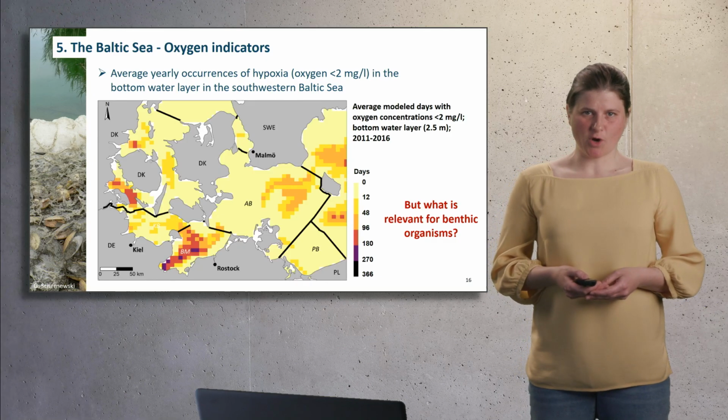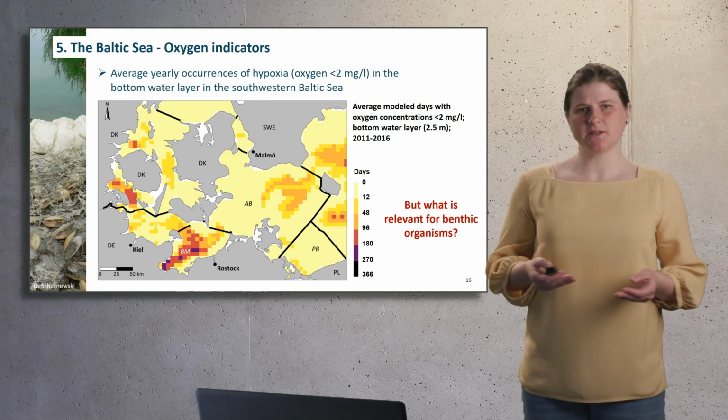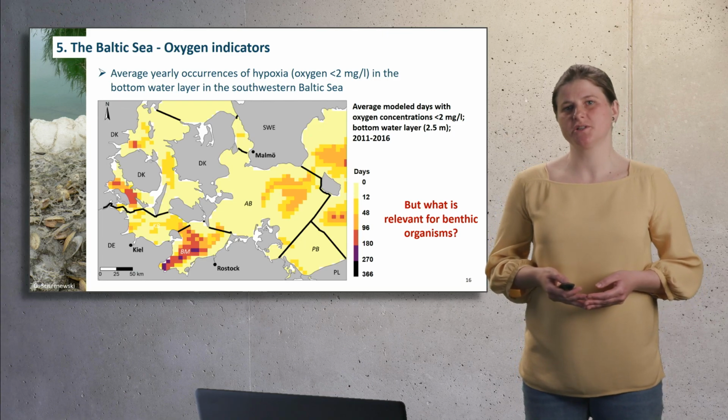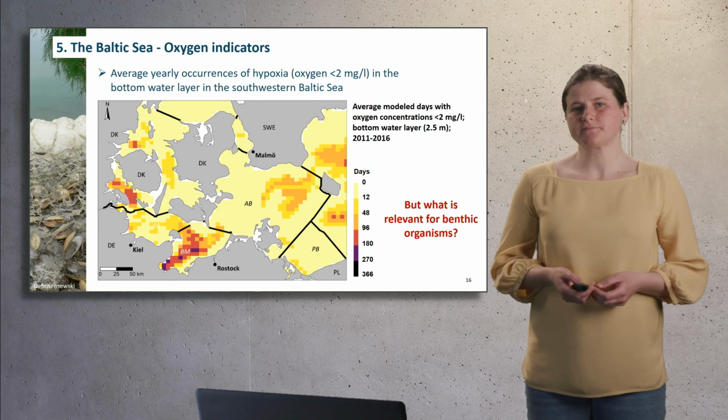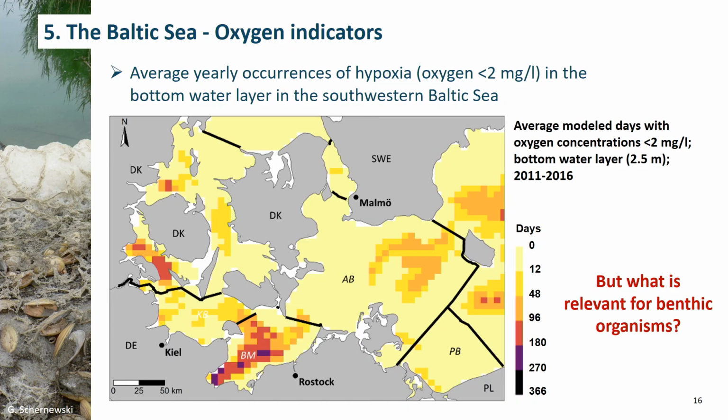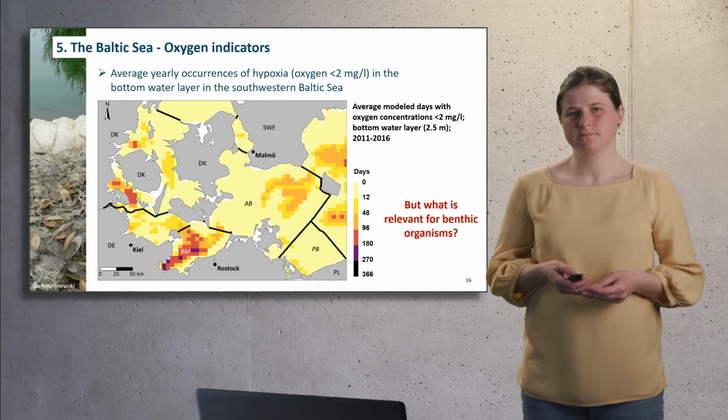An example of a pure model result focusing on the temporal aspect of oxygen depletion is shown in this map. Here, the average days per year where oxygen levels drop below 2 mg per liter in the near bottom water layer is shown, averaged for the period from 2011 to 2016.